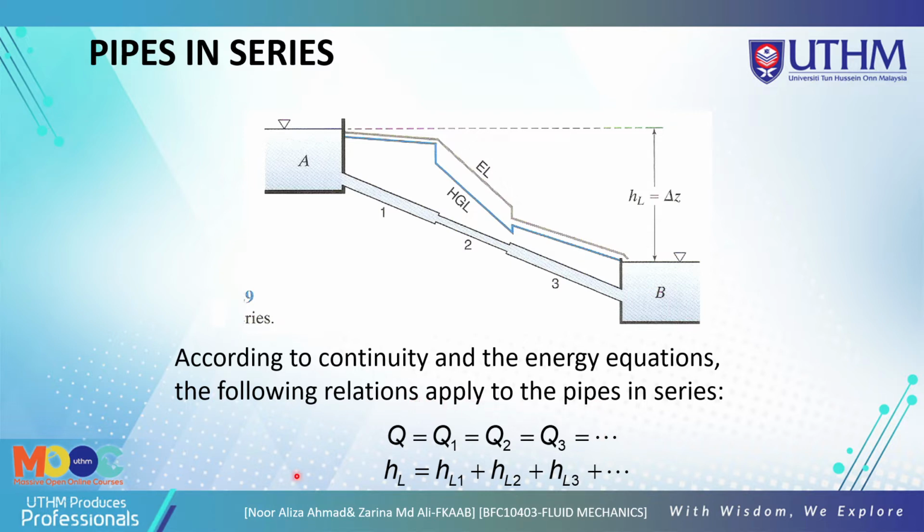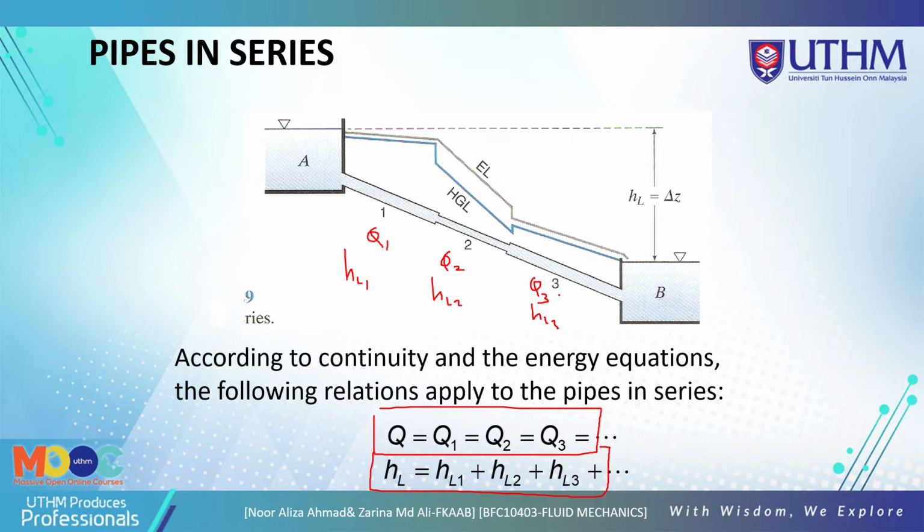The basic assumption is that the total Q is equal to Q1, Q2, and Q3, and the head loss HL is equal to HL1 plus HL2 plus HL3 and so on.